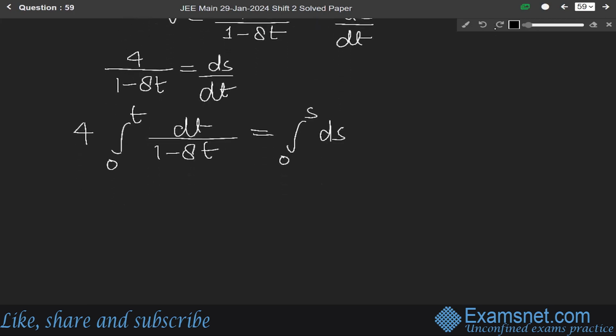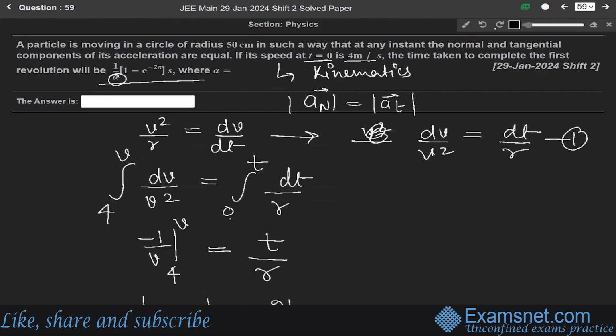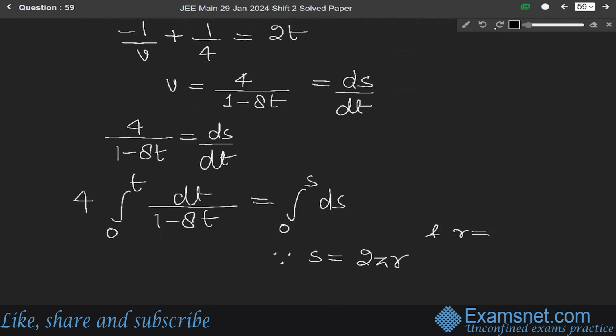Since s is equal to 2 pi r, the circumference, and r is given as 50 centimeter, which means 0.5 meter, so it will be equal to 2 into pi into 0.5, which means pi.